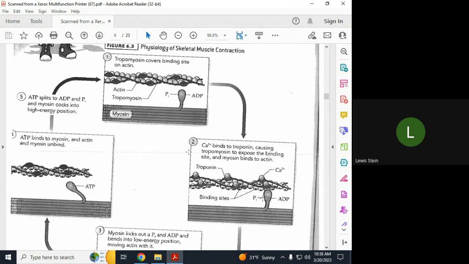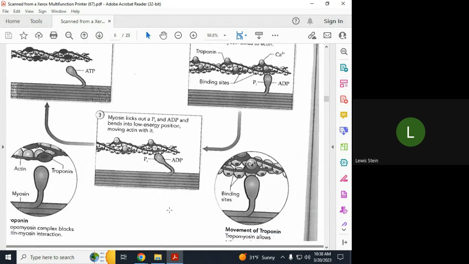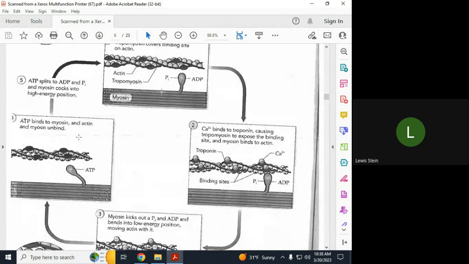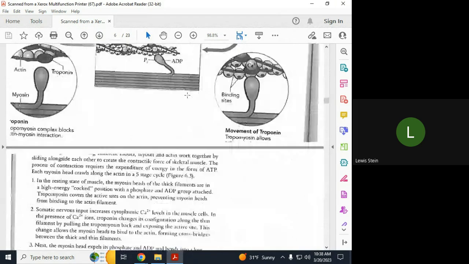When it fires, the binding occurs, and then sort of simultaneously, the inorganic phosphate is somewhat expelled. The ADP is low energy, and now it looks like this. To unbind it, it has to be replaced by ATP. And then as the ATP hydrolyzes, we get the recocking. So those steps you should remember.